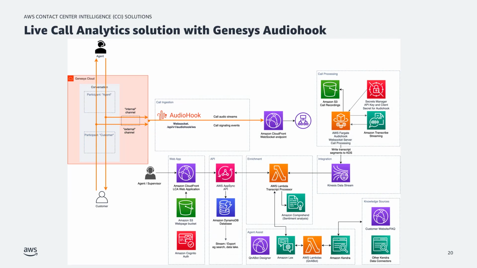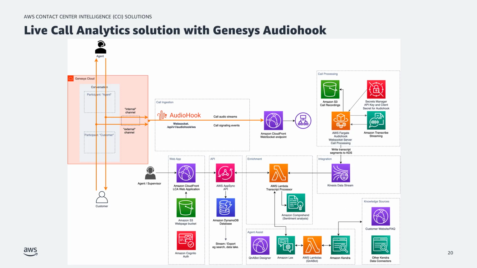So what you see here is the live call analytics solution architecture that Bob already reviewed. We just replaced the audio ingestion part alone. The demo that we showed you used audio ingestion from a PBX server. Here, the audio is coming from Genesys Cloud Platform. The audio is streamed via the AudioHook protocol.